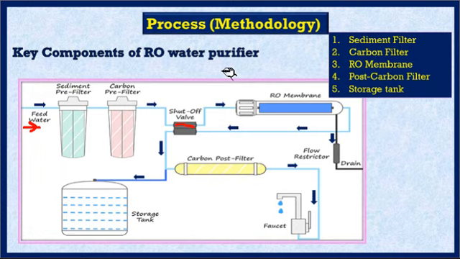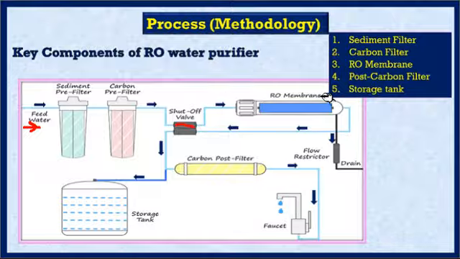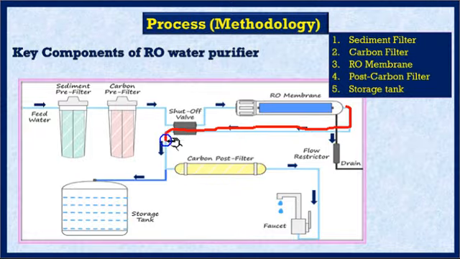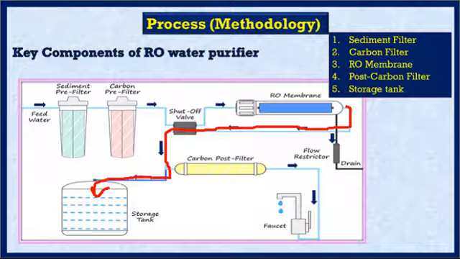The tiny pores of the RO membrane allow only the water molecules to pass through, and the remaining salts such as sodium, calcium, magnesium and other impurities are removed through the drain tap here, and the filtered water is collected into the storage tank, from where it can be used through the faucet.